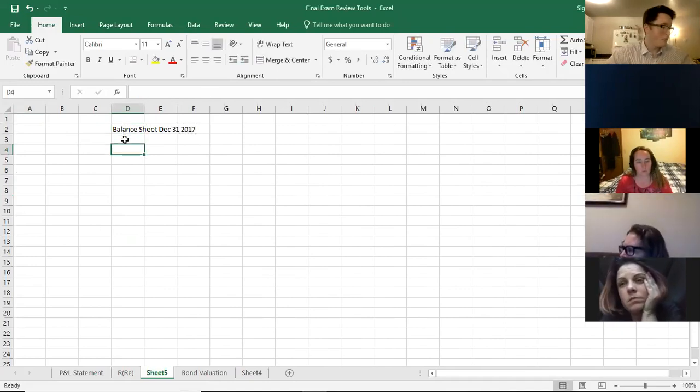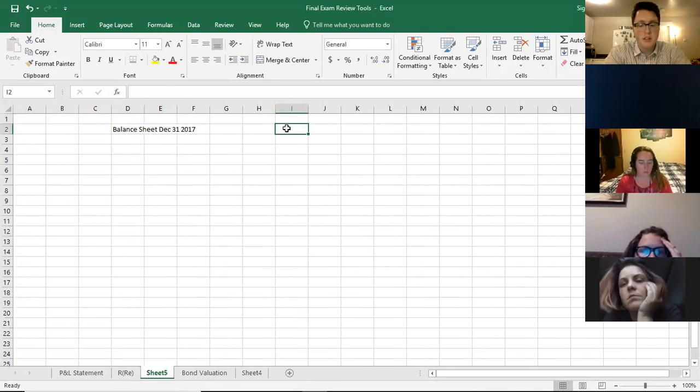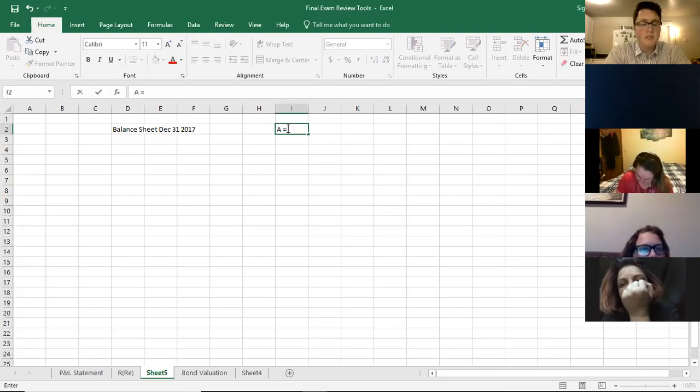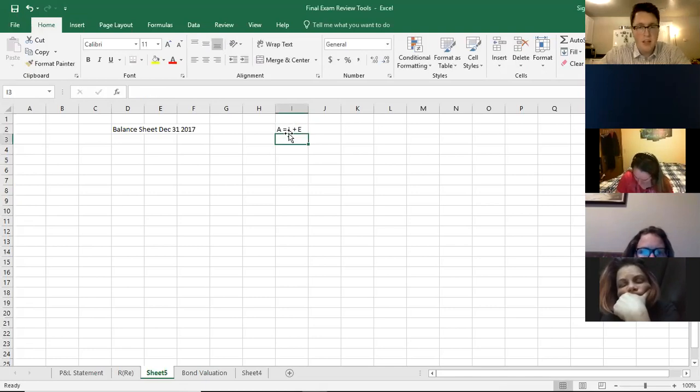And that equation is basically going to be exactly what we just said. So assets equals liabilities plus equity. And that is the key for a balance sheet.